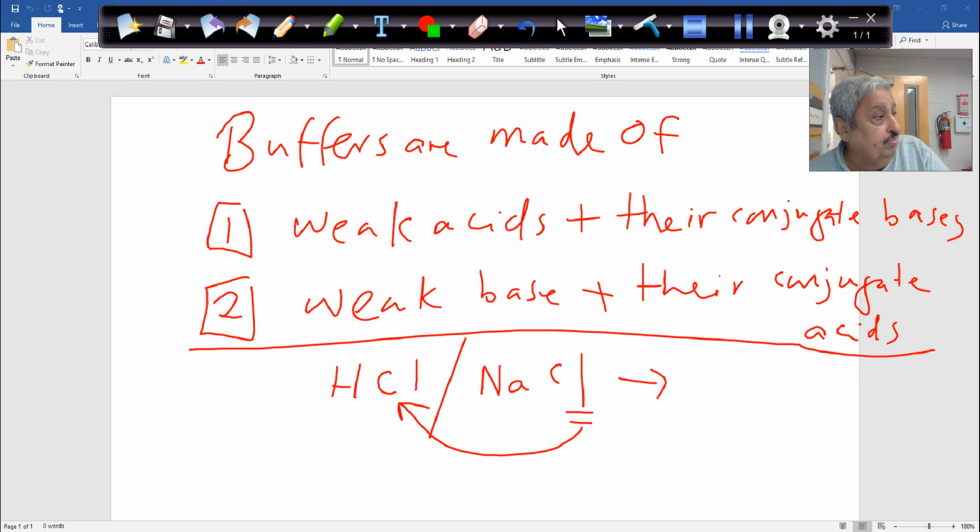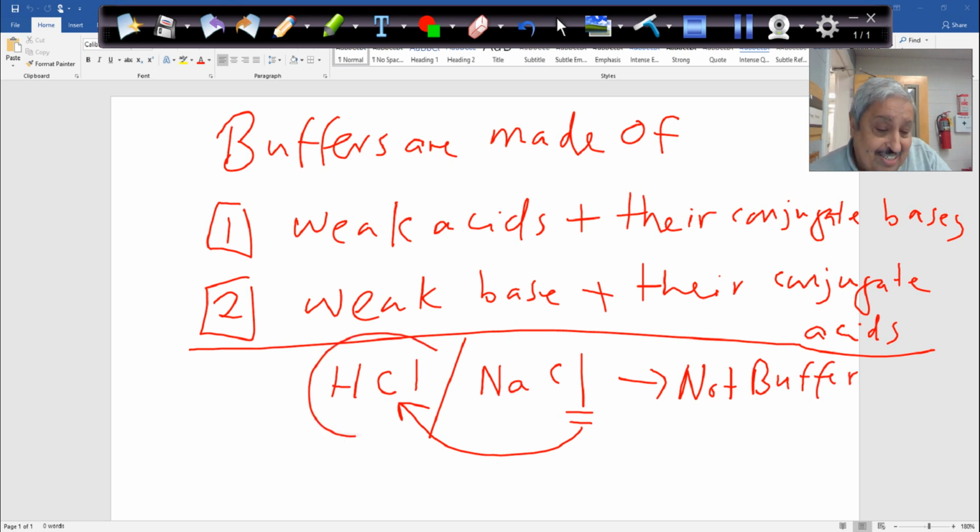What do you think? Not a buffer? That's correct. Why? Because HCl is a strong acid. Correct? It has to be a weak acid.